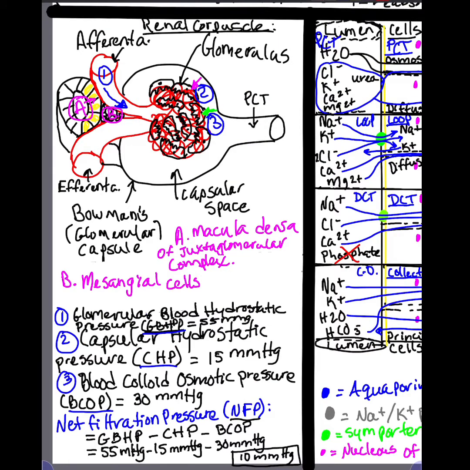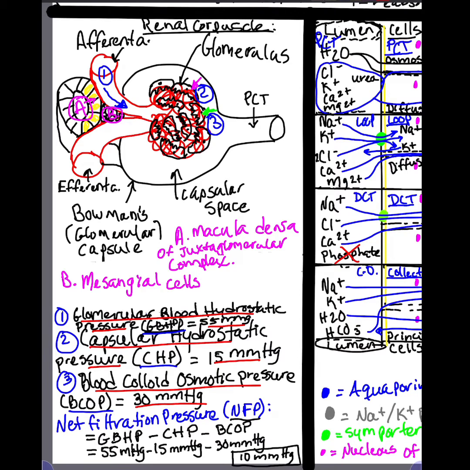In glomerular filtration, like I said before, it's going to be driven by several forces. One of the forces is glomerular blood hydrostatic pressure, which is 55 millimeters of mercury. The second one is capsular hydrostatic pressure, which is 15 millimeters of mercury. And then blood colloid osmotic pressure, which is 30 millimeters of mercury.